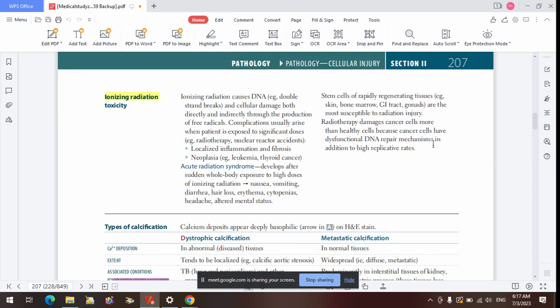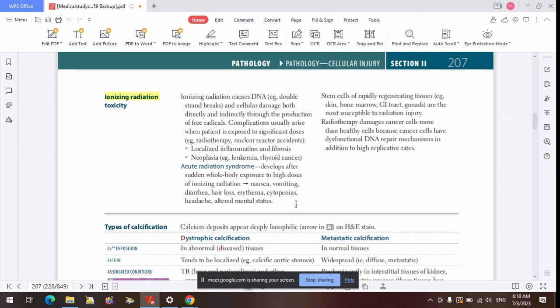Initially there are prodromal symptoms like headache and altered mental status, and there's damage to the epithelial lining of the skin and the epithelial lining of the GI tract. It can lead to nausea, vomiting, diarrhea. It can affect the skin too and cause hair loss.